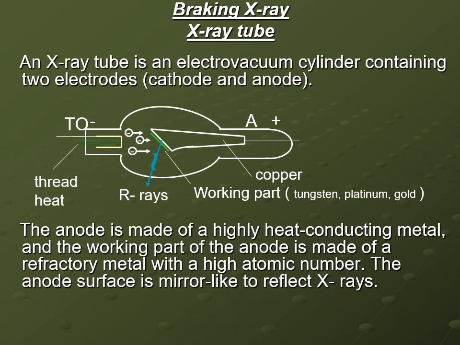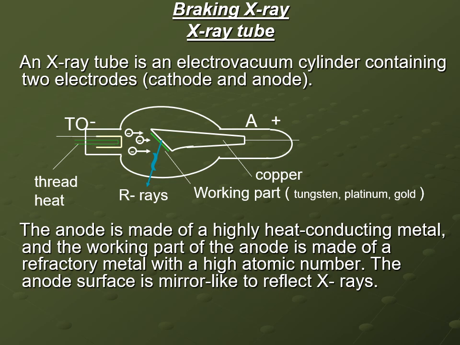You can write down that this is an electric vacuum cylinder, which contains two electrodes, a cathode and an anode. As for the requirements for the anode, I have already said that it is made of a well heat-conducting metal. The working part is made of refractory metal. In addition, we have a beveled surface of the anode at an angle of 45 degrees so that the X-rays come out of the X-ray tube.